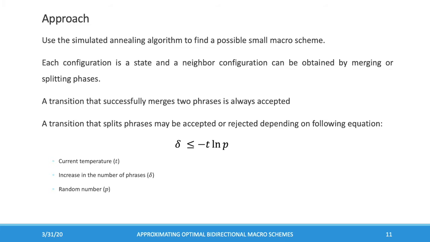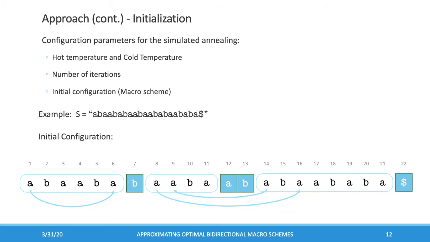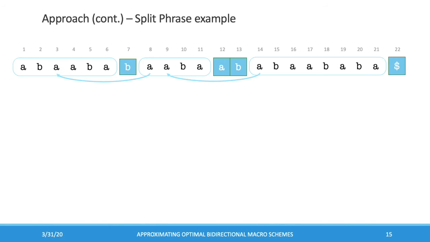The equation presented holds this decision. How does this approach work? Firstly, the algorithm calculates the hot temperature and the cold temperature that it is going to use, and receives the number of iterations and the initial configuration. In this case, we receive a valid macro scheme. So let's see an example of this approach.